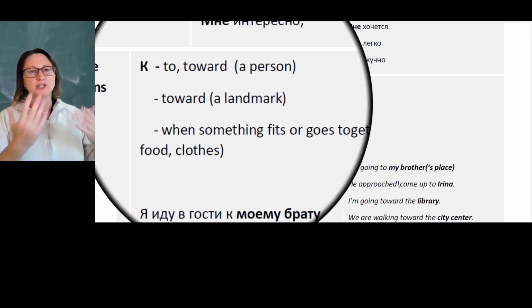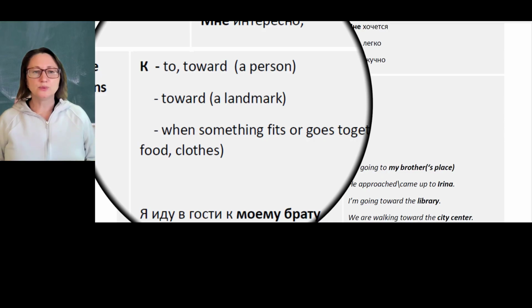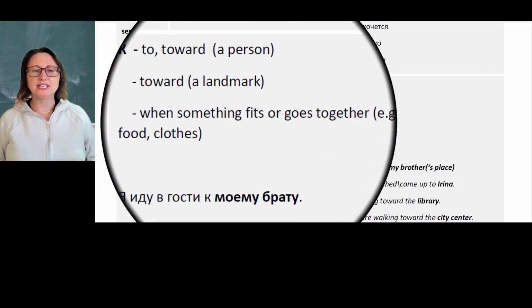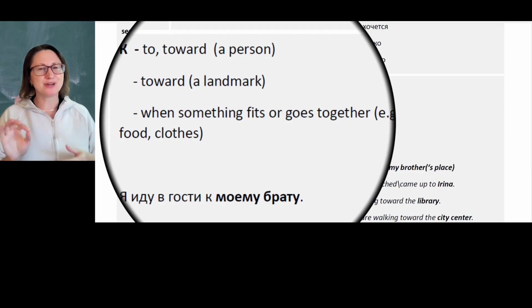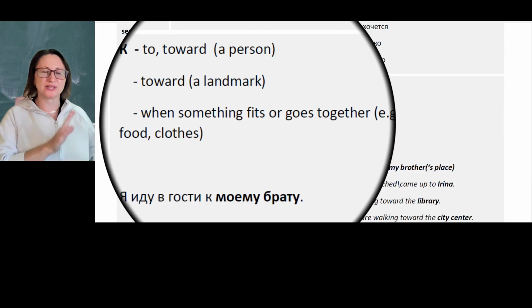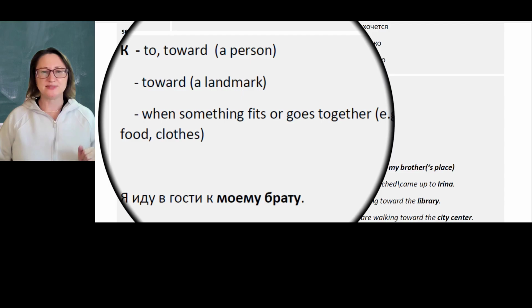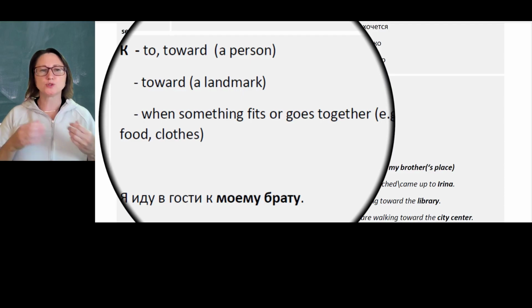You just don't enter. Then the third one is when something fits or goes together. There are some other contexts that explain that and go with other cases, but I'll show you the examples, and I think you will see what I mean when something fits or goes together when we talk about food or clothes.